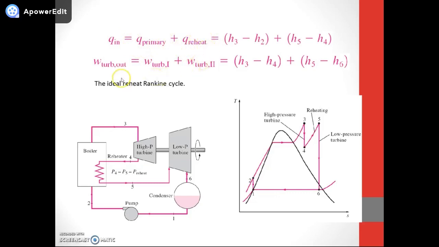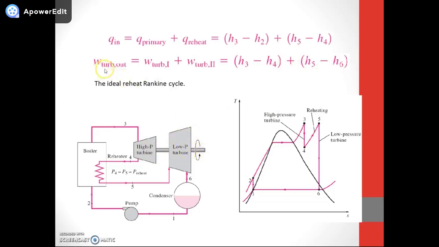Okay, the same goes for the work. You are producing 2 types of work right now. Work turbine from the high pressure turbine plus the low pressure turbine. So you have the combination of these 2: H3 minus H4 plus H5 minus H6.